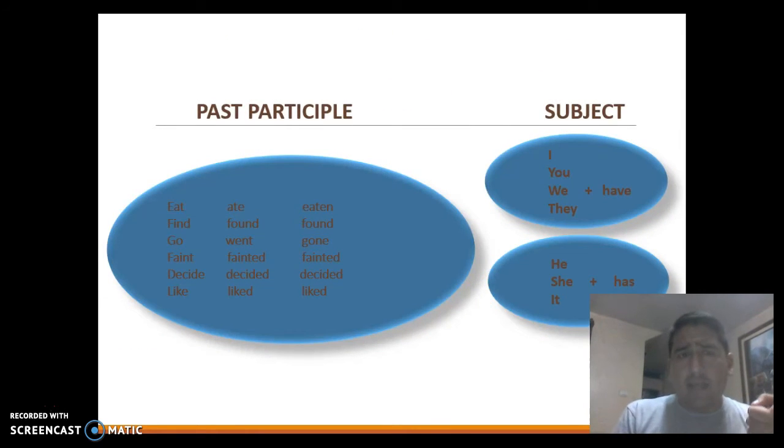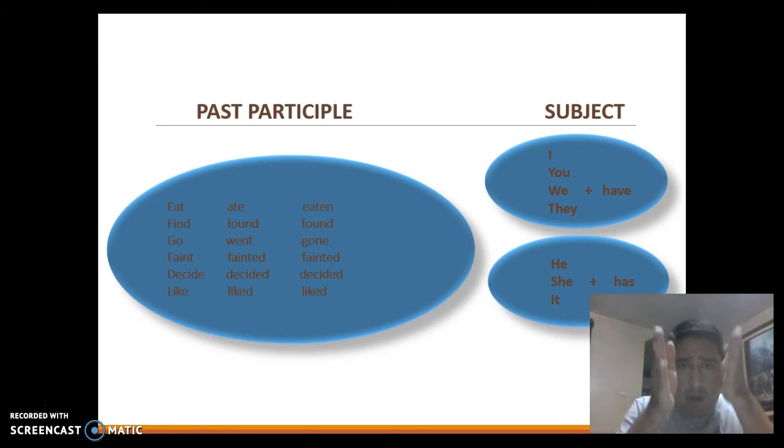In the following slide, I'm going to show you how to form the past participle from the regular and irregular verbs. It'll be just a short reminder because I know you already know that information. In the case of the irregular verbs, I have to say that they have their own forms. For example, eat, eaten, find, found, go, gone.